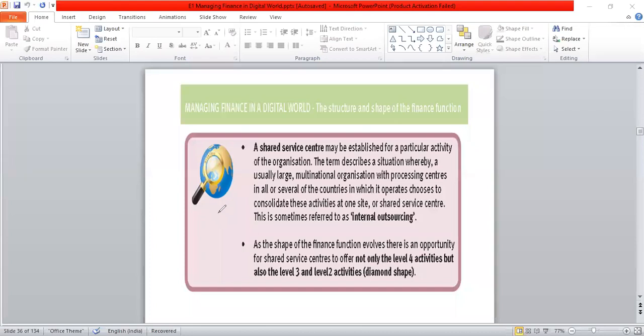For example, if the manufacturing of any particular product is to be considered, instead of having a manufacturing unit at all the locations where these offices are set up, the manufacturing plant is located in one place, and from there, the produced product is moved out to the other places where the organization is set up. So the entire activity is carried on at that particular place.